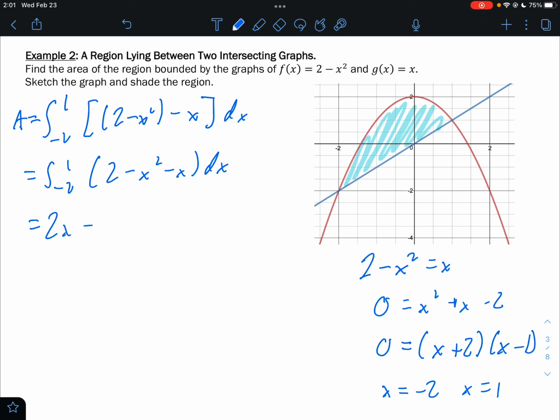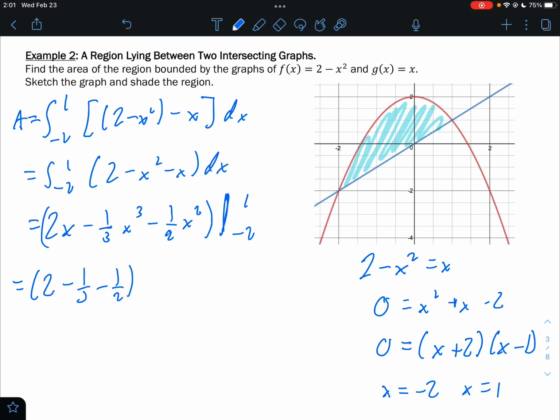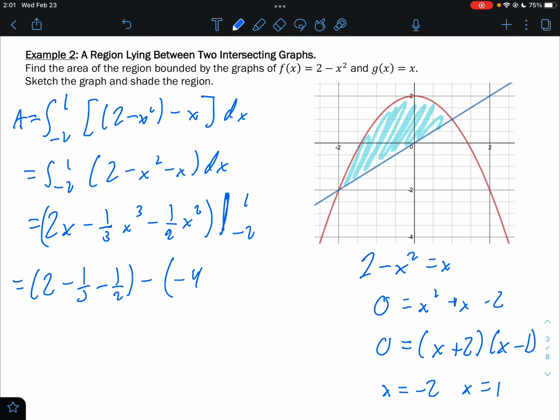So 2x minus 1/3 x cubed minus 1/2 x squared from negative 2 to 1. If we put 1 in there, we get 2 minus 1/3 minus 1/2 minus, if we put negative 2 in there, we get negative 4 plus 8/3. Let's see, 4 over negative 2 would be minus 2.